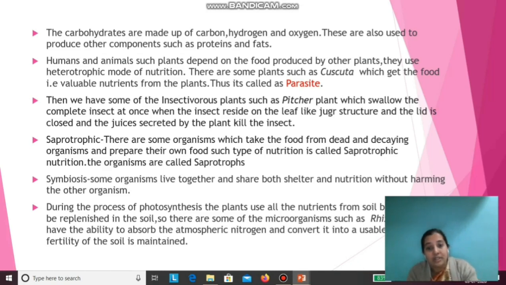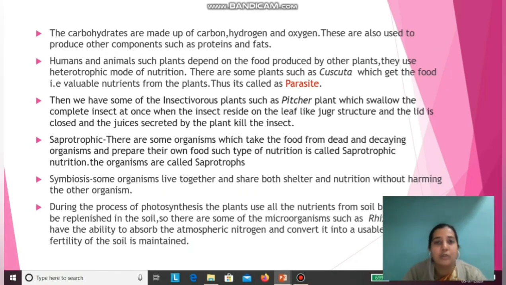So there are some organisms such as rhizobium. Okay, rhizobium is a bacteria. This particular rhizobium has the ability to absorb atmospheric nitrogen. Okay, rhizobium, how do they replenish and how do they maintain the fertility.